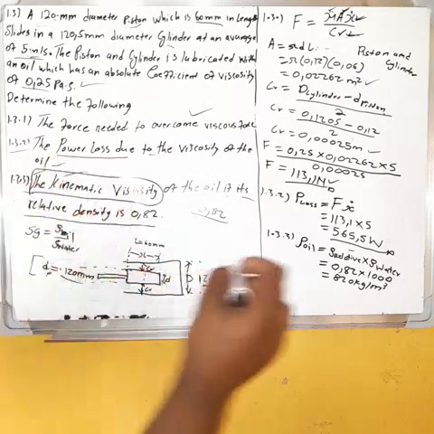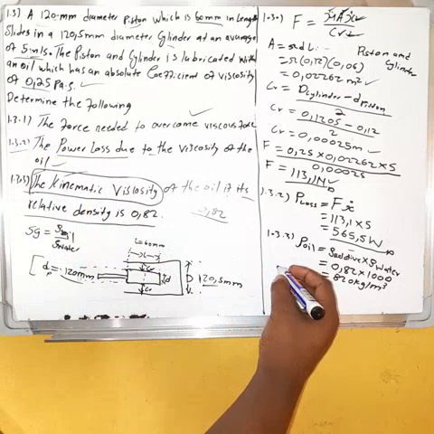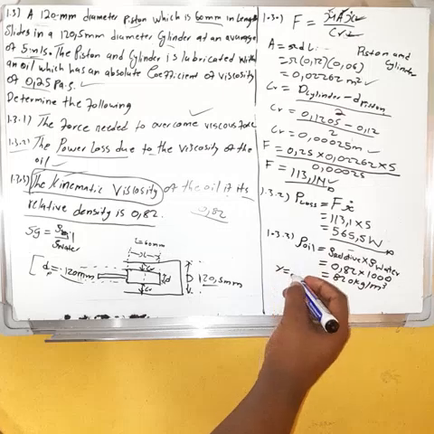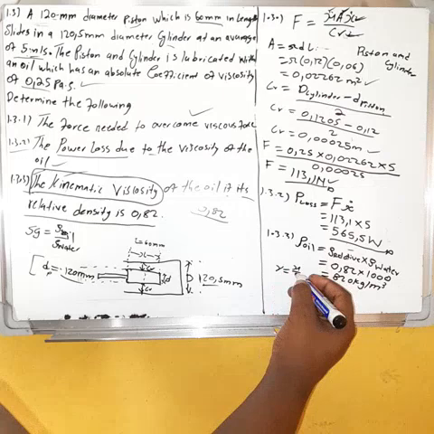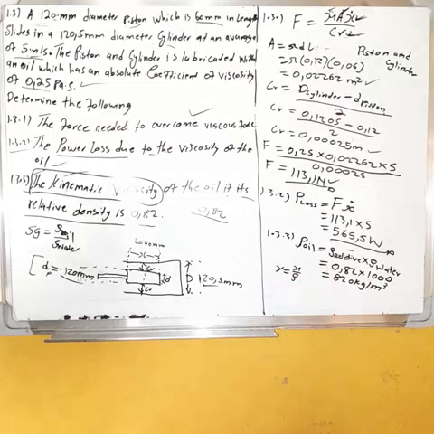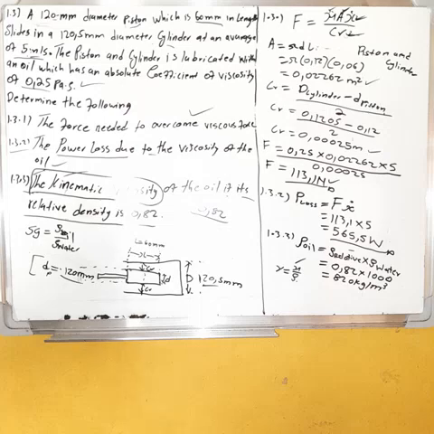Now we want the kinematic viscosity. The kinematic viscosity is given by this symbol, and its formula is the coefficient of viscosity, or dynamic viscosity, divided by the density of the substance.